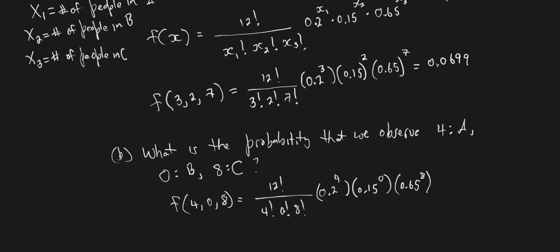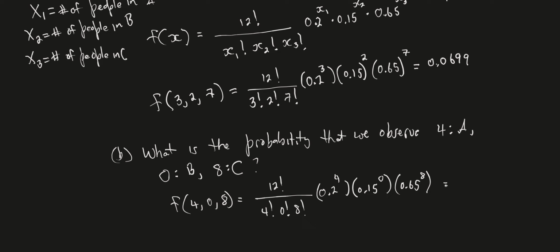So the numbers whose factorial we take in the denominator, they have to add up to our n, which is the number in the numerator, right, whose factorial we're taking. Similarly, the exponents here have to add up to our n, right?